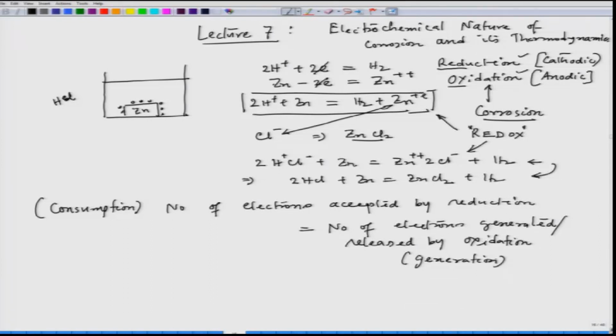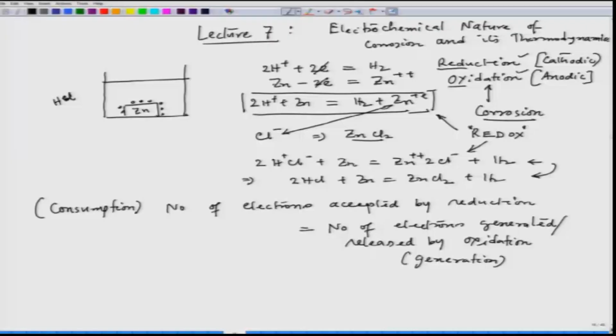So, what I am considering is that if the first reaction, which is the reduction reaction, is happening at a much higher rate compared to the second reaction, which is oxidation, that means at any given time we have more electron consumption than generation. So, this will not maintain charge conservation.